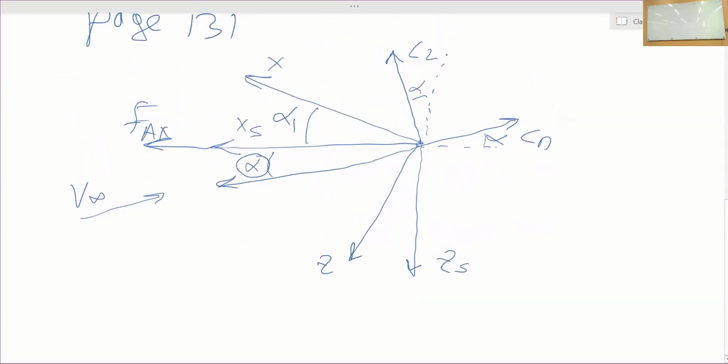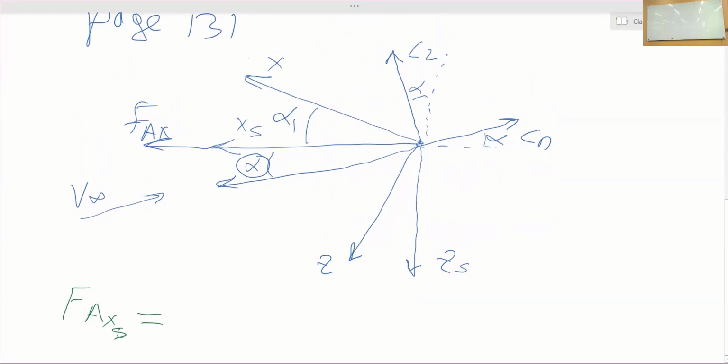So what this means is that FAX in the stability axis system, so you might put an S there, sorry, this is total.